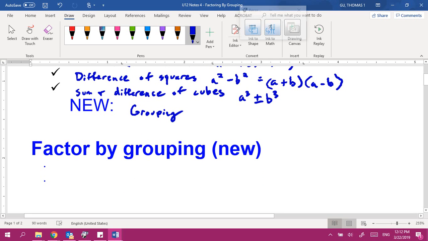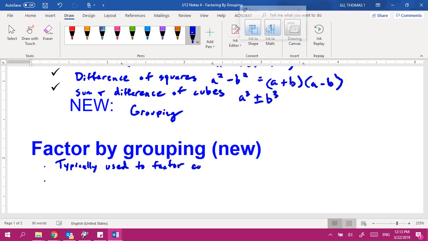Alright, so grouping is typically going to be used to factor cubic polynomials with 4 terms.